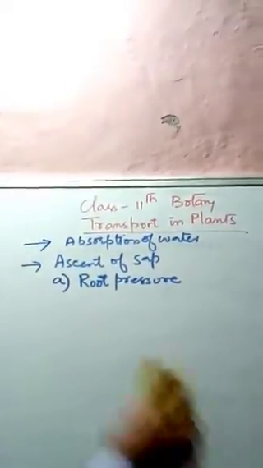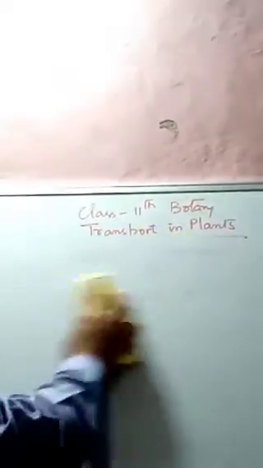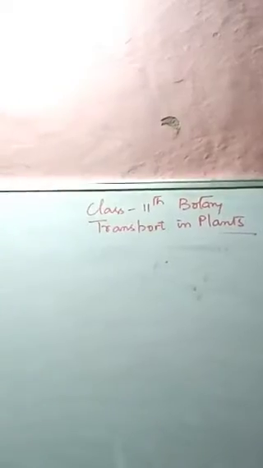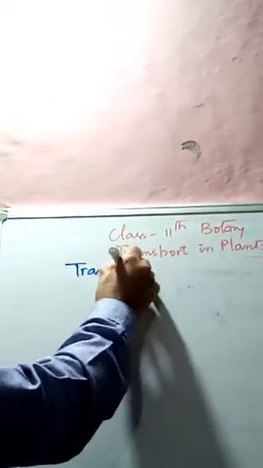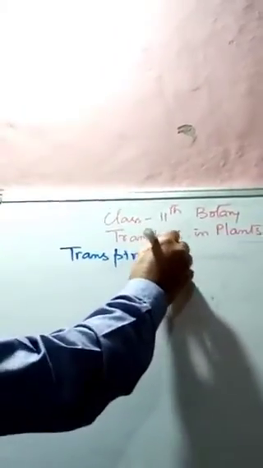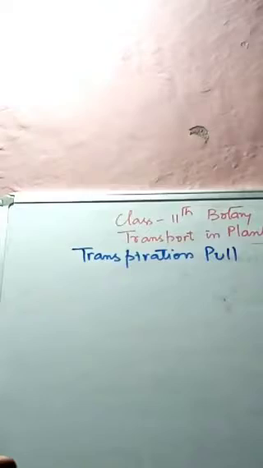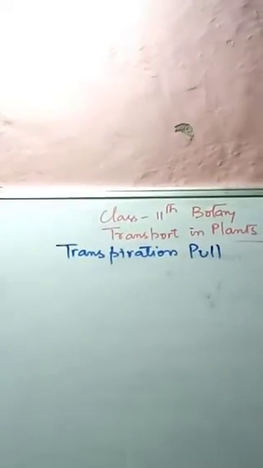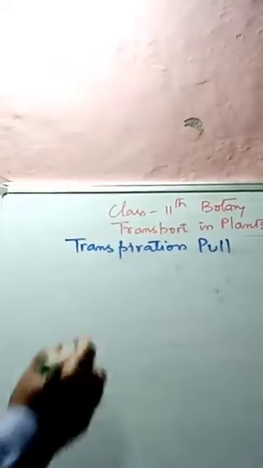Now the second factor that comes in the ascent of sap, which is responsible for it, is the transpiration pull. Here we are mainly concerned with transpiration. What do you mean by transpiration?